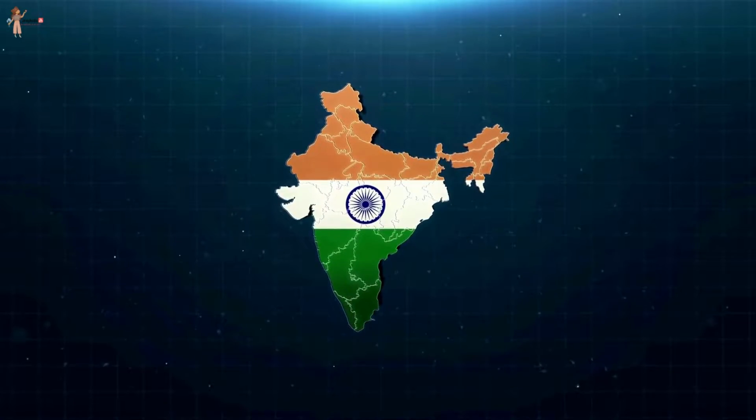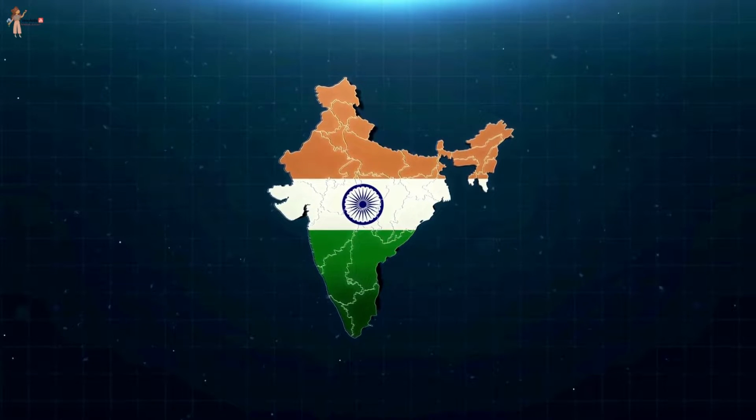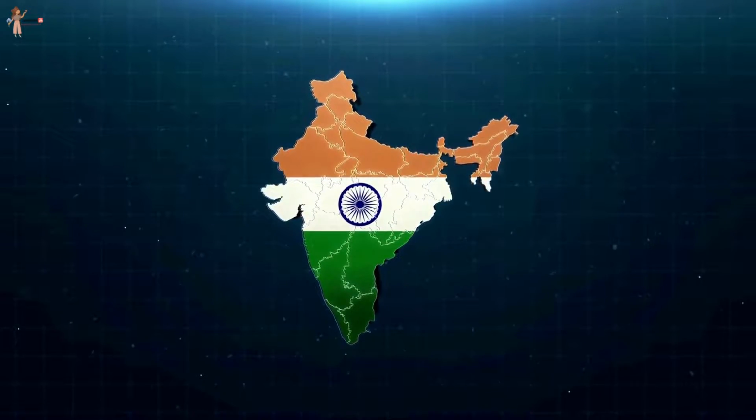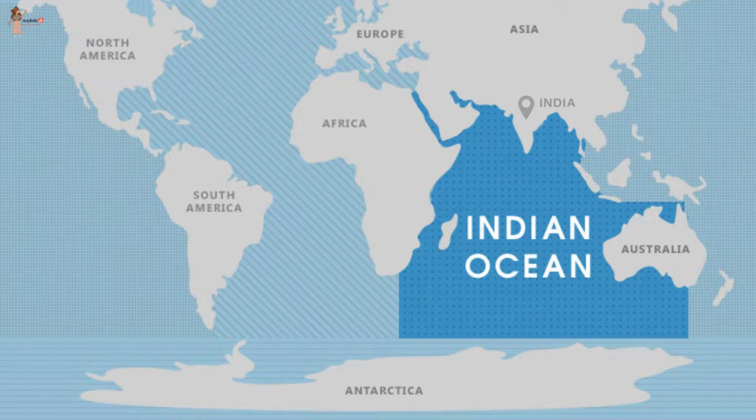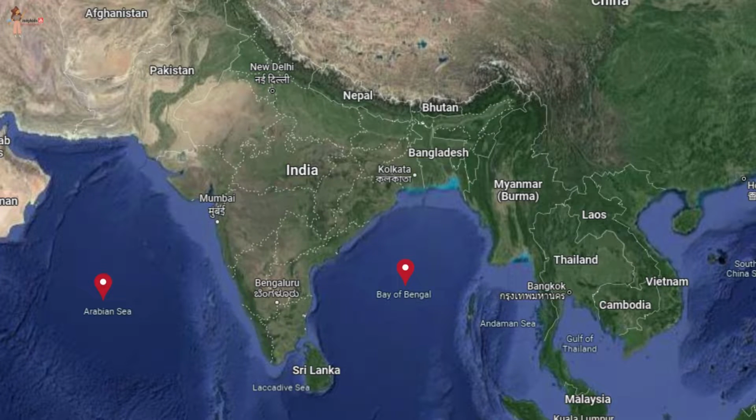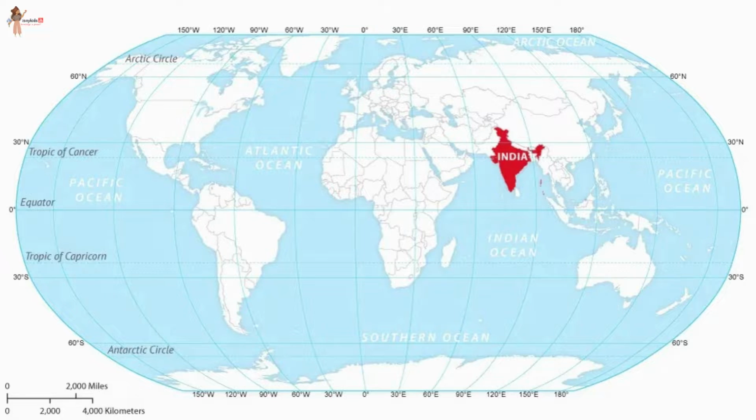South of about 22 degree north latitude, it begins to taper and extends towards the Indian Ocean, dividing it into two seas, the Arabian Sea on the west and the Bay of Bengal on its east. The Tropic of Cancer at 23 degree 30 minutes north divides the country into almost two equal parts.